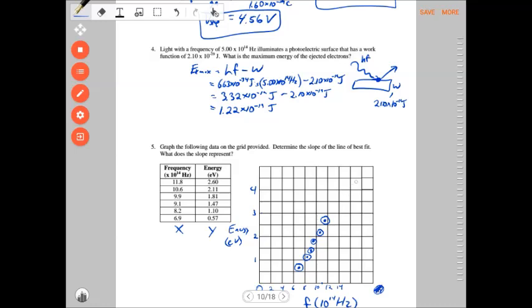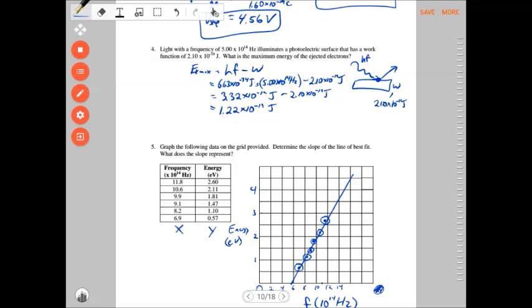Some over, some under. So that's pretty close. We've got kind of 1, 2 kind of under, 2 over, and 2 kind of right on. Okay, so that's the idea for your line of best fit.